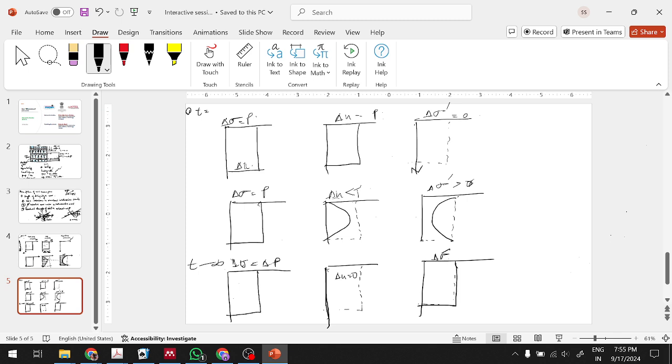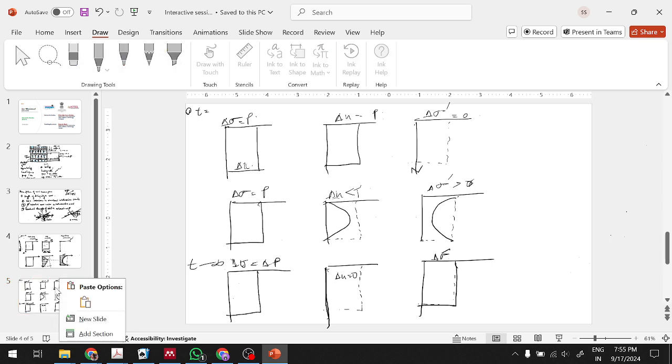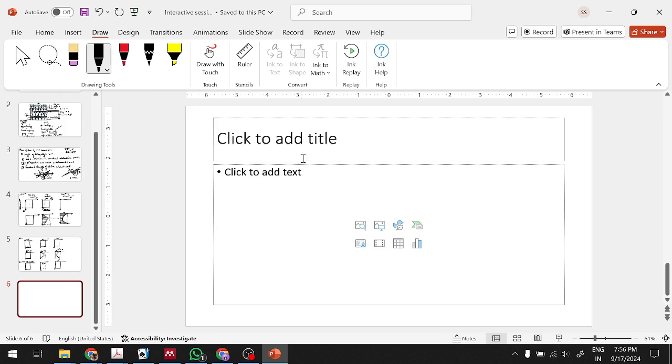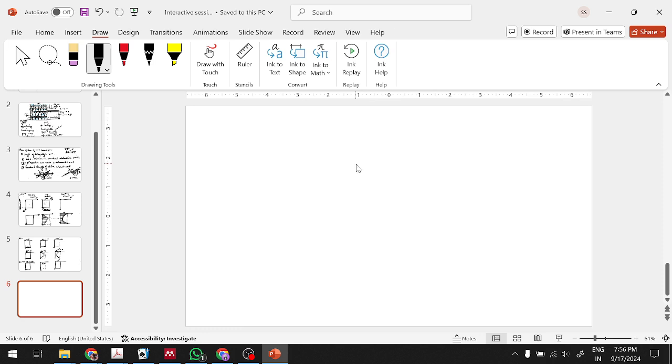And in fact, if we plot an isochrone, an isochrone is a plot that gives us the value of a quantity at the same time. So what we do is we draw an isochrone for the pore water pressure in a soil.